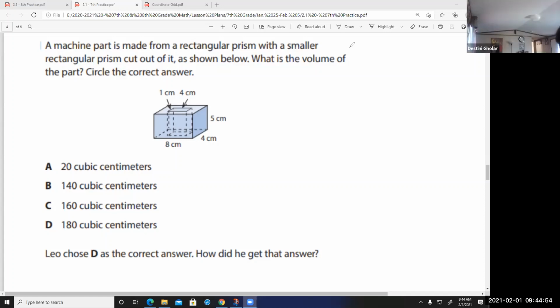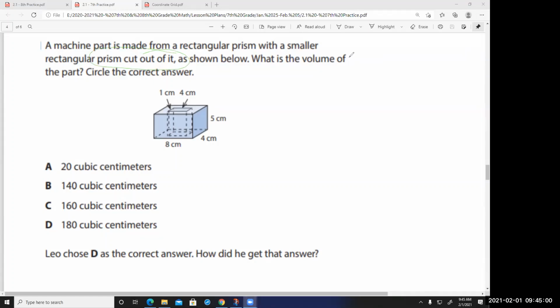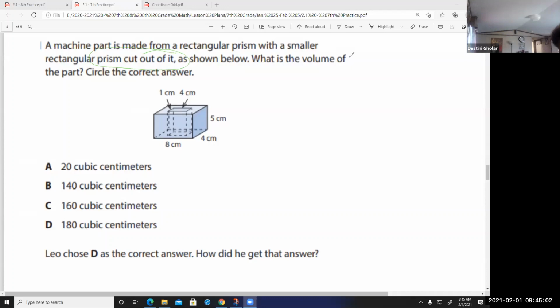Solve it. What do you mean by solve it? Solve the outside and inside. Solve the prism cut out. Big piece. What's cut out? Let's go to what's cut out first. So what's the length, the width, and the height of what's cut out?